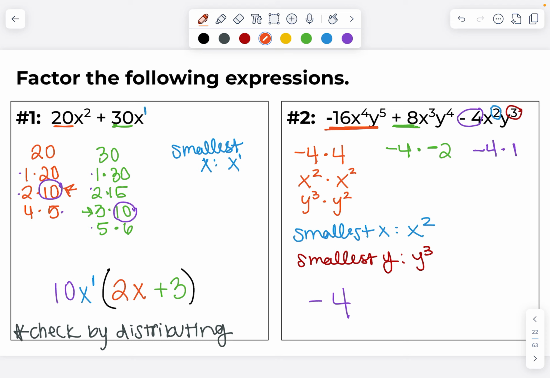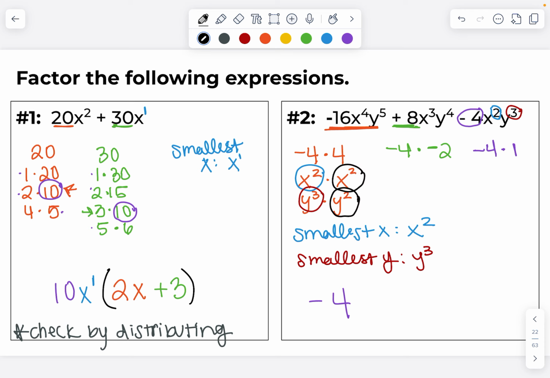So my greatest common factor that I'm pulling out is the x squared, and then I'm going to pull out the y cubed. So this is what gets left behind.